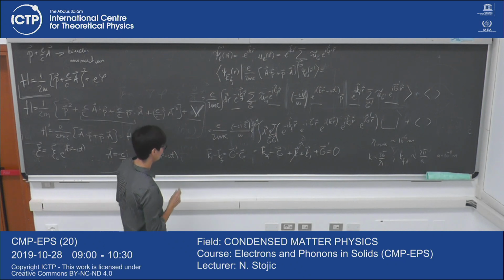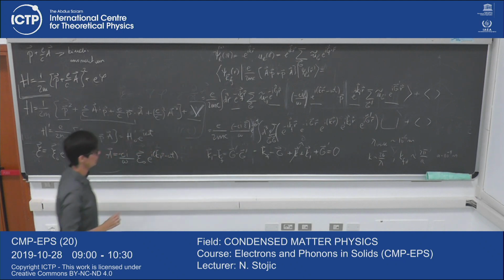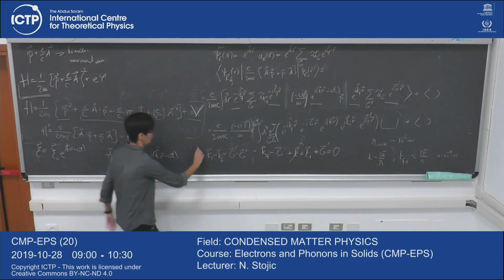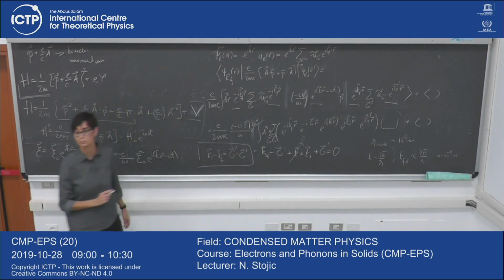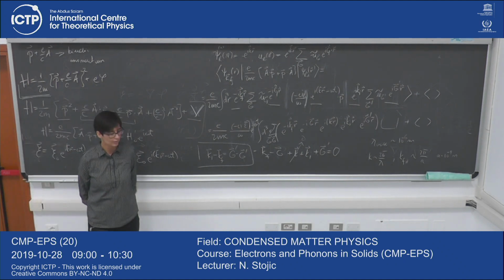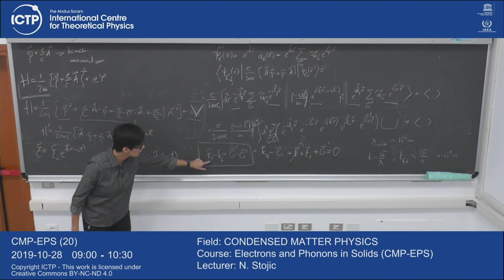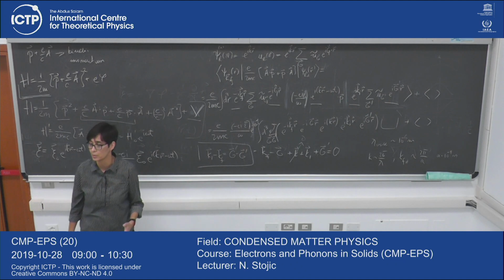This is the condition I got. Now, what does it mean? It means that the difference in the energy should be a reciprocal lattice vector. We don't have free plane waves, so this is not exactly the energy. These are two vectors in the reciprocal space, in the Brillouin zone.